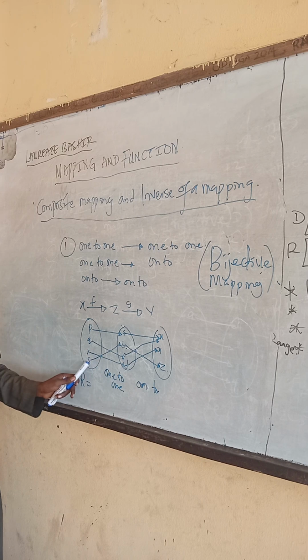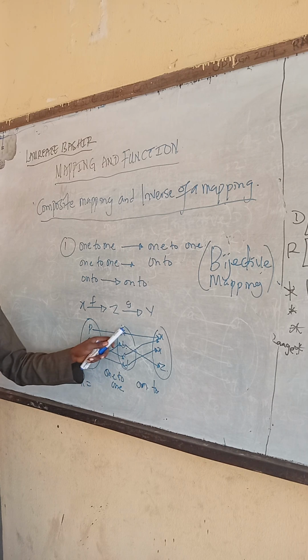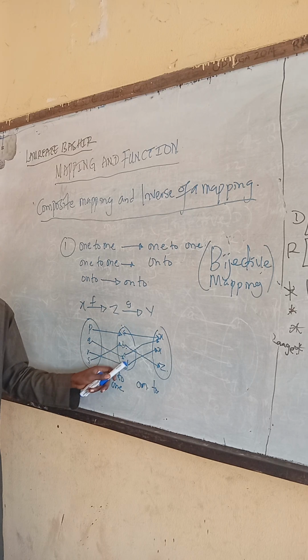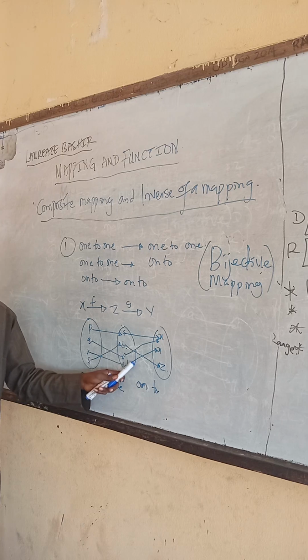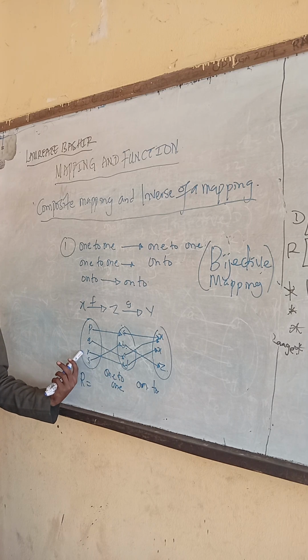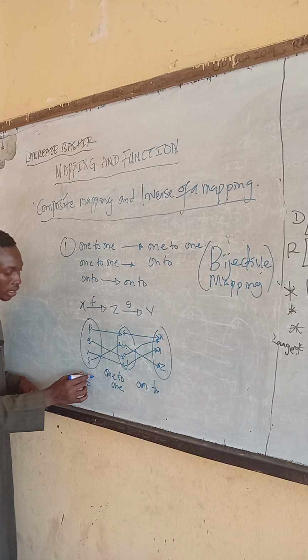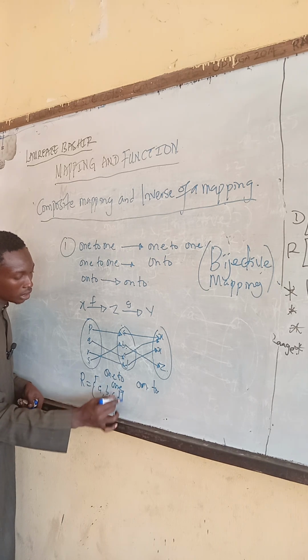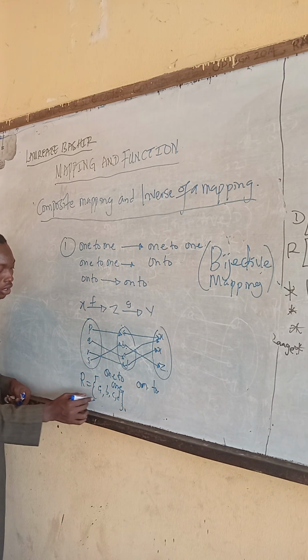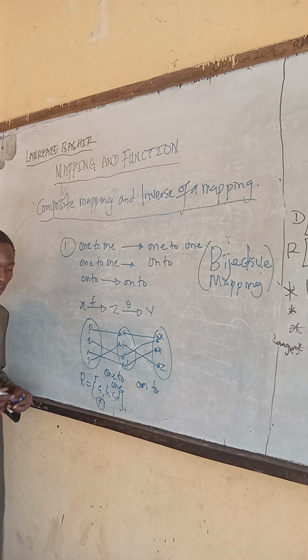The range for this one-to-one. The range are the elements in the codomain that have an image in the domain, abi? So what are the range here? A, B, C, D, which is 4. You are having 4 elements there, right?